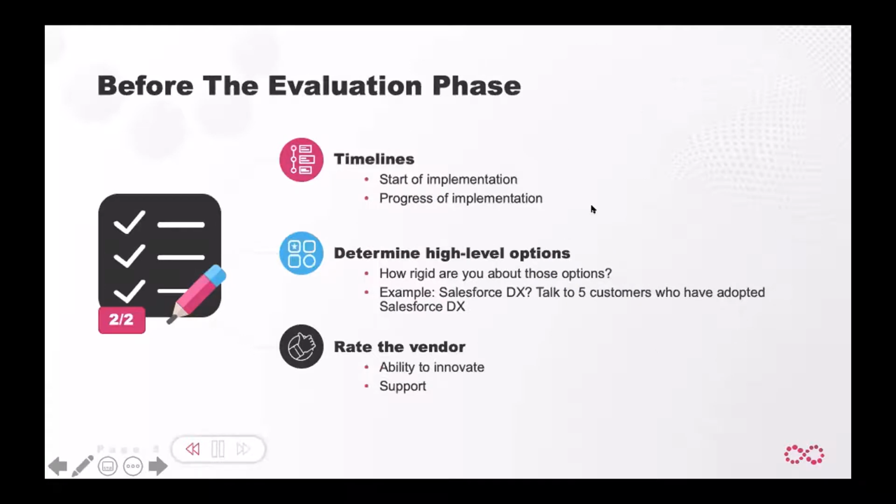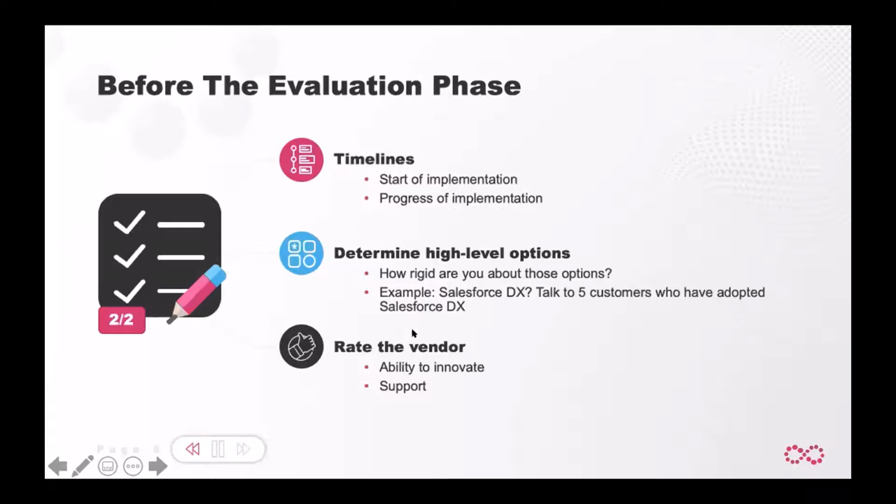The other aspect is understanding the timeline for implementation and the progress of implementation. You could have your internal project plan, that you at least want to get started by this time frame, and you want to accomplish the following objectives, and have the vendor help you with those aspects.